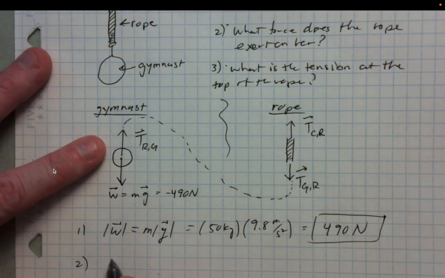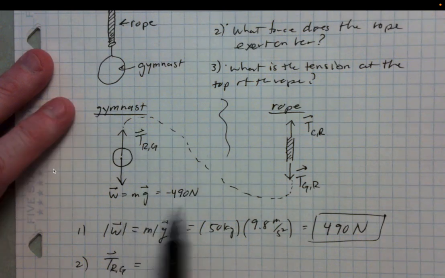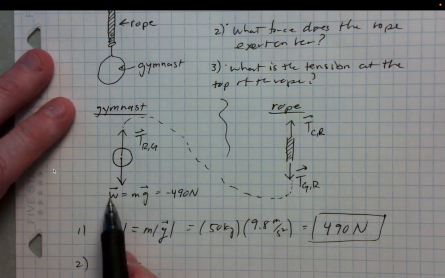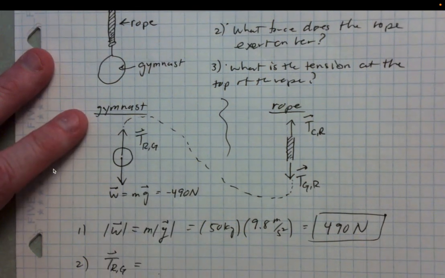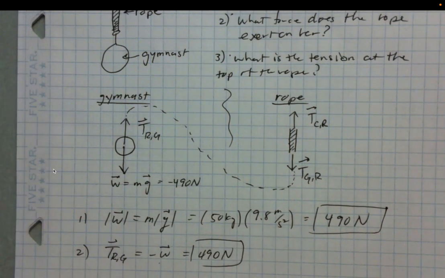So we'll say that the force of the rope on the gymnast is equal and opposite of W. So it's equal to negative W, isn't it? Which we'll say is 490 newtons. All right. So this force is in the opposite direction as the force of gravity, and that's why the sign flips.